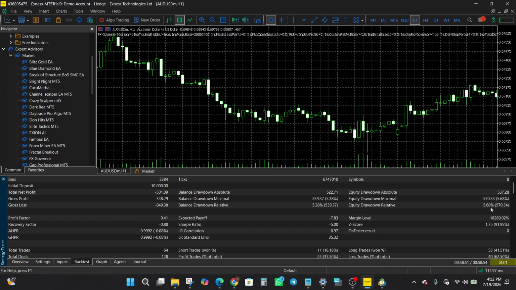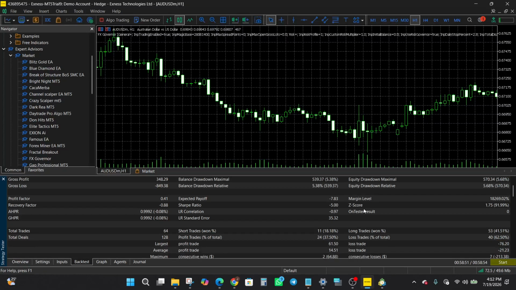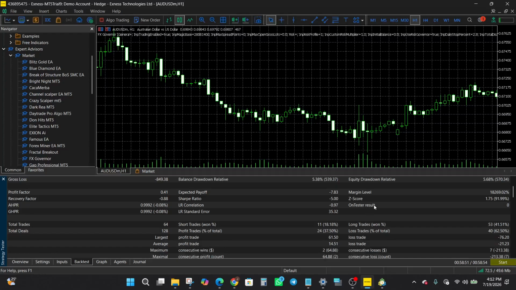Which is worth noting given the built-in daily and total stop mechanisms described on the listing. For the balance basis, we have the drawdown at under 5.4%. Okay, and then of course, since we have a controlled drawdown here, it's worth noting.